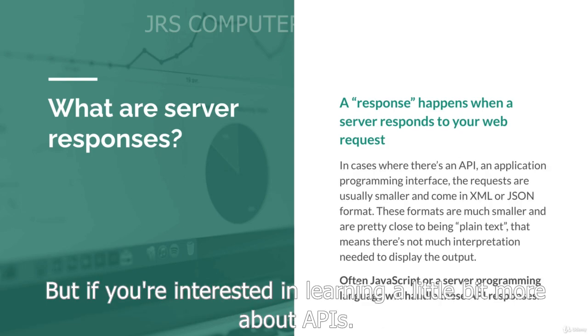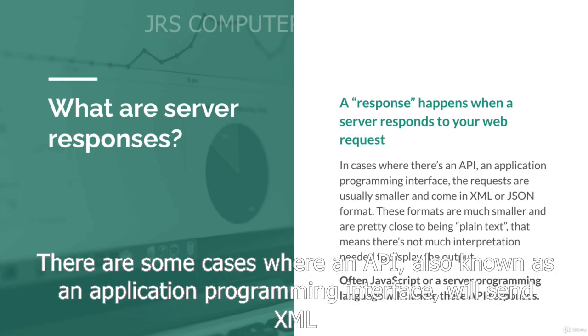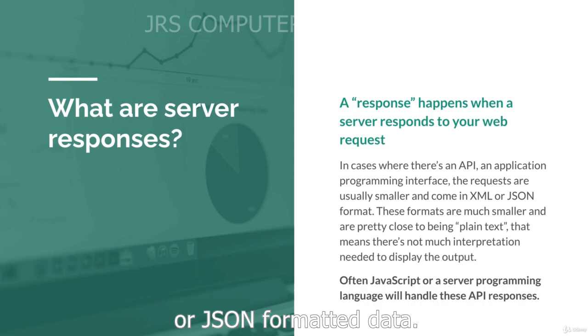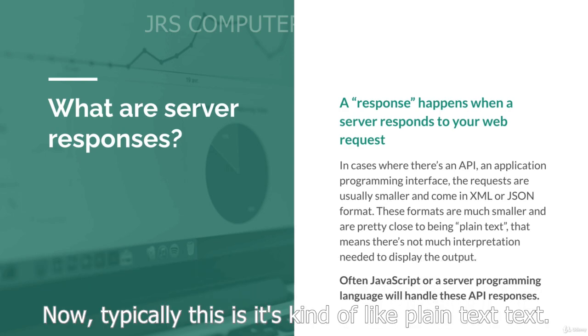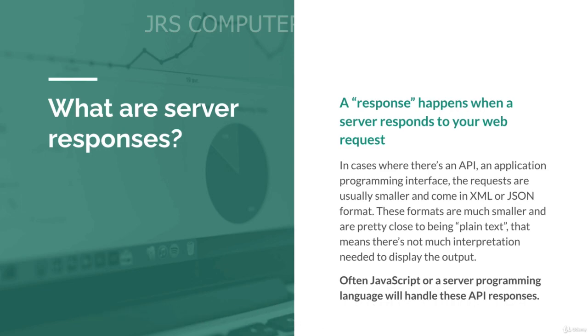But if you're interested in learning a little bit more about APIs, there are some cases where an API, also known as an application programming interface, will send XML or JSON formatted data. Now, typically it's kind of like plain text. It's not really specialized markdown too much. It has some rules, but not too many rules.